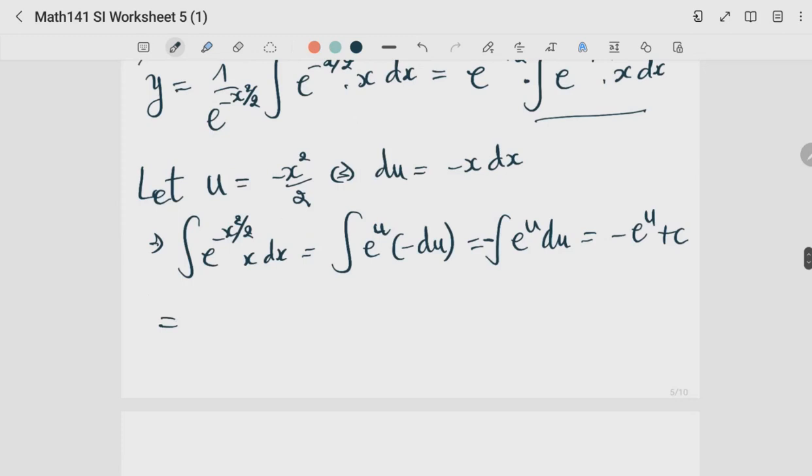Now, u is negative x squared over 2, so that's just minus e to the minus x squared over 2 plus c.